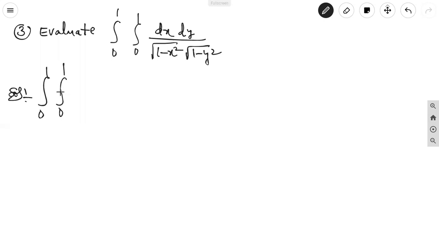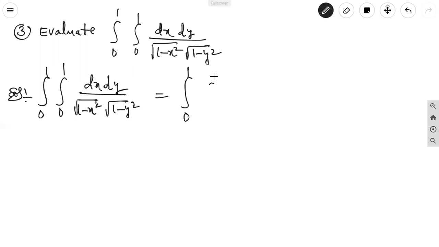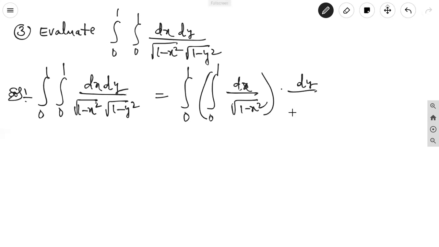It is equal to integral 0 to 1 dx by under root of 1 minus x square, whole into dy by under root of 1 minus y square.